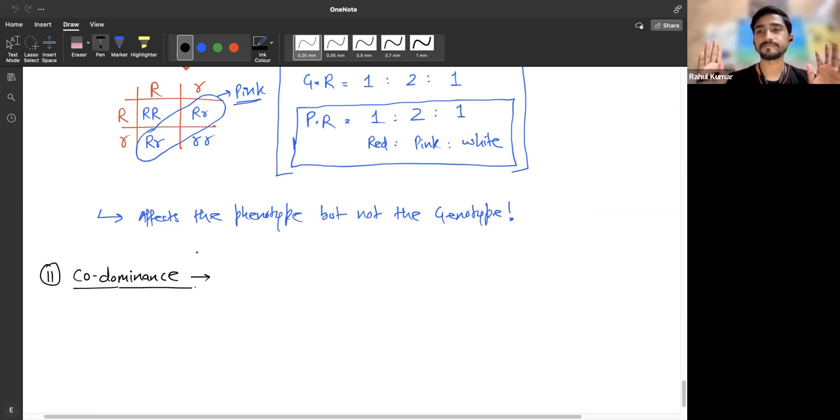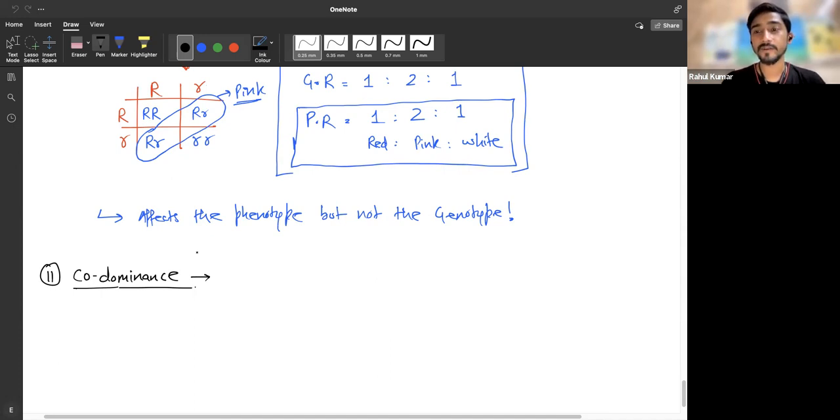fully expressed. No blending. For example, if there is an allele for red and an allele for white, and they have incomplete dominance, they will give rise to pink as capital R, small r. Do you understand? But if there is codominance, you will see that some patches of the flower will be white and some patches will be red. That is called codominance.